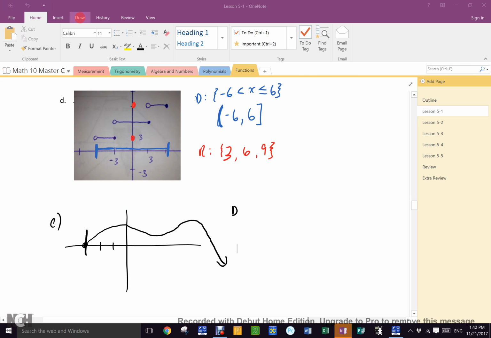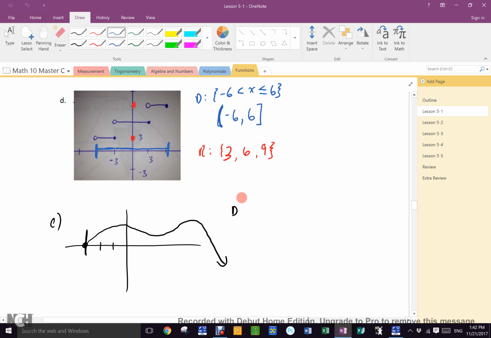What is my lowest domain value? Negative 3, right? Squiggly bracket, negative 3, less than or equal to x, it's a closed dot. Where is this arrow going to end? Infinity. So, will I ever equal infinity?